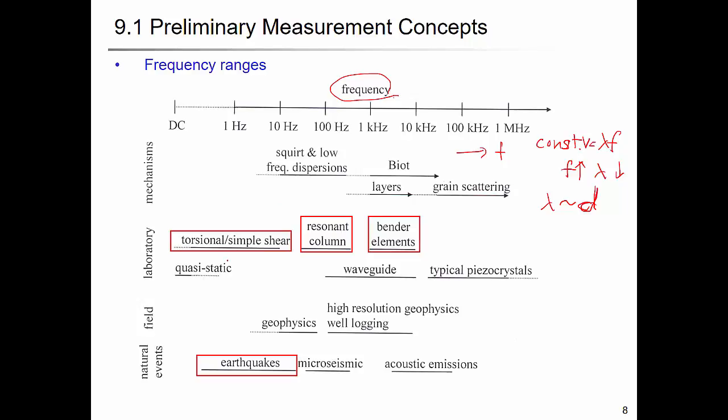And here are different techniques to measure the wave velocity and attenuation. The bender element is in the range of several kilohertz. Resonant column covers from tens of hertz to kilohertz. And torsion and simple shear test, this could be cyclic simple shear, would be from DC to 10 hertz.